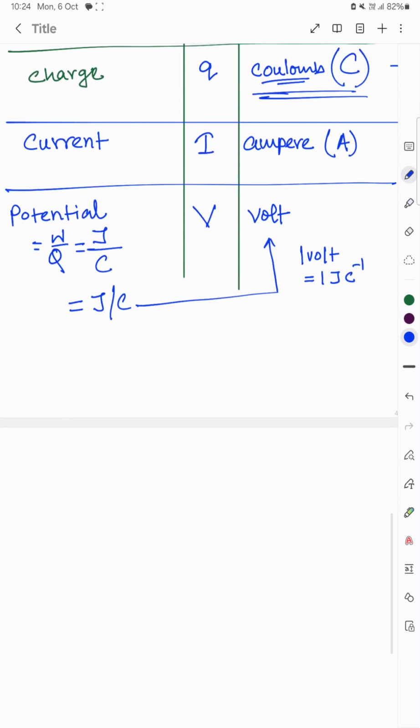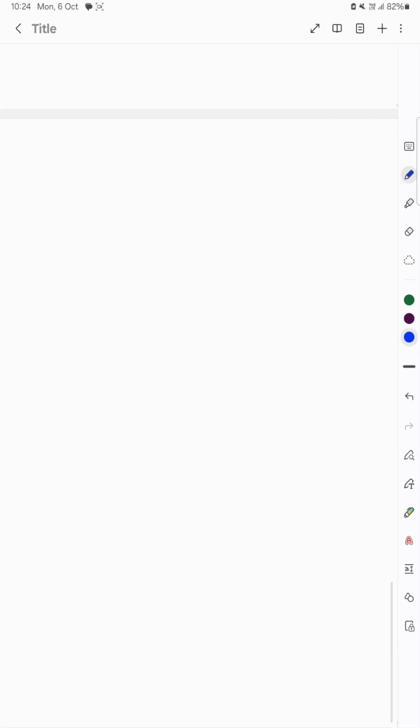Now getting back to our main point, now we will be studying potential difference. It's very easy.